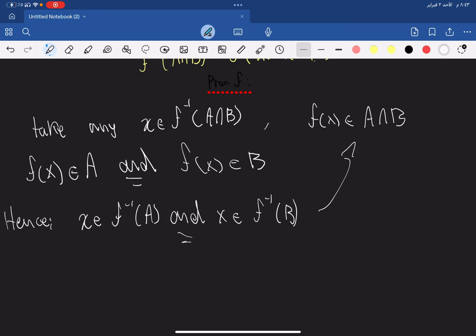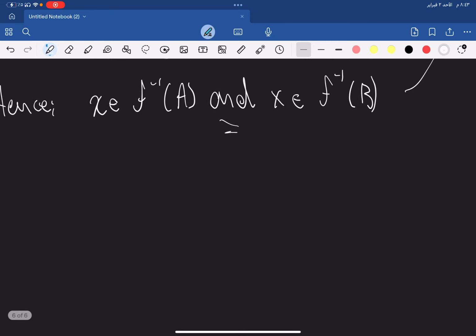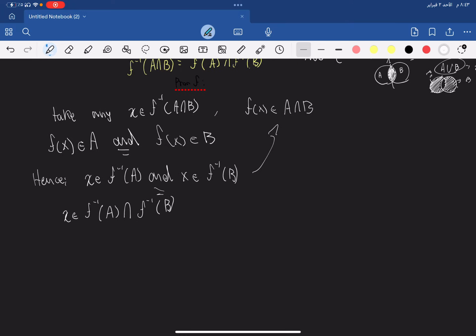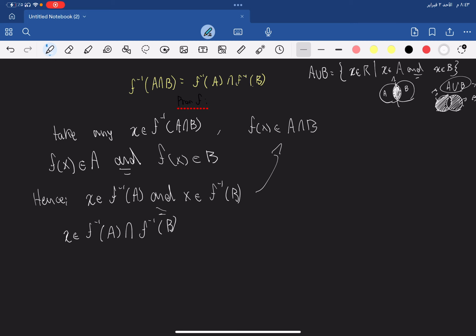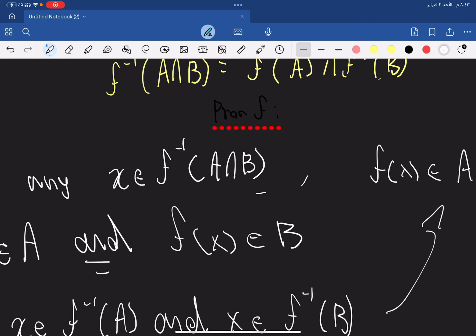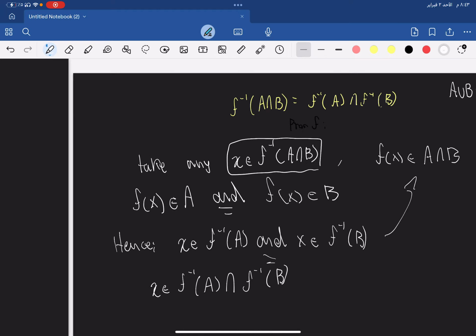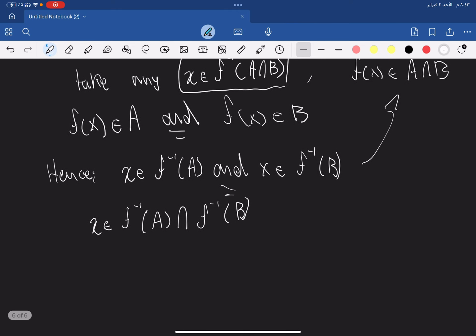So x is in F inverse A intersection F inverse of B. So since x is an arbitrary element of F inverse A union B, after a little while we got this x in F inverse A intersection F inverse of B.